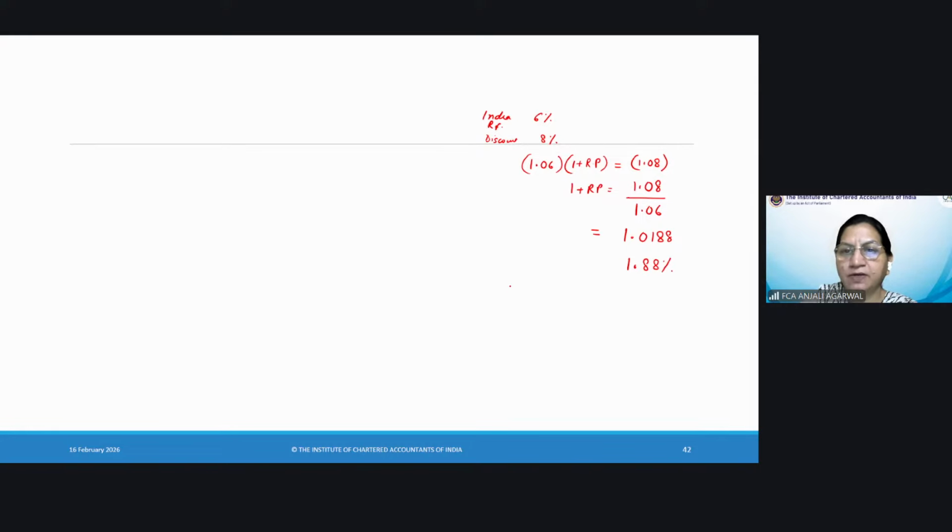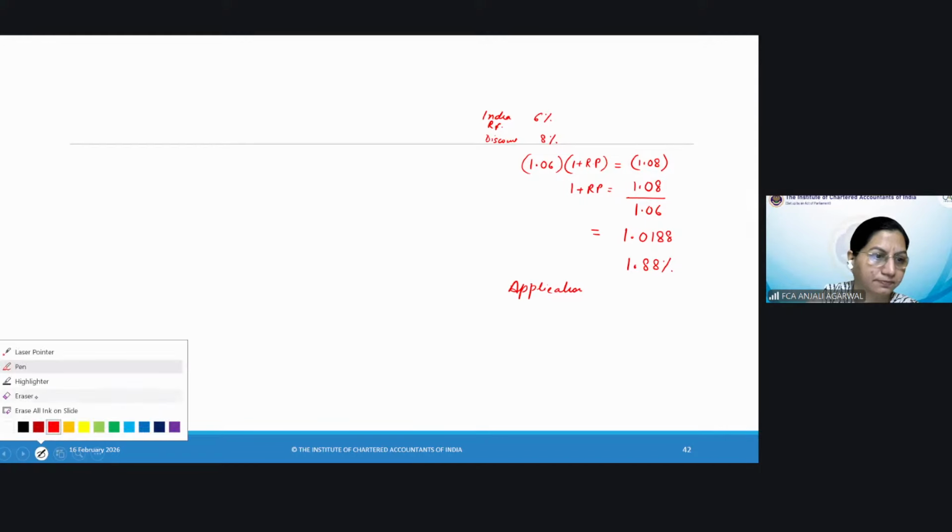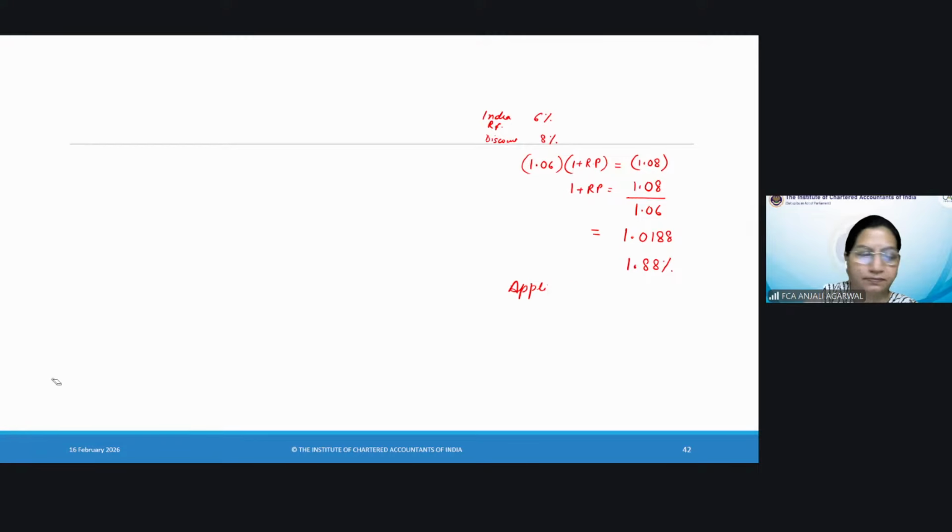This when applied to Sri Lankan risk-free rate, 1.052 because the risk-free rate in Sri Lanka is 5.2%.